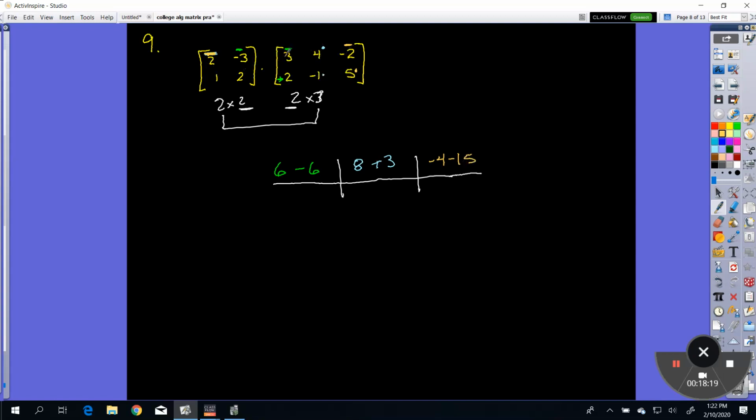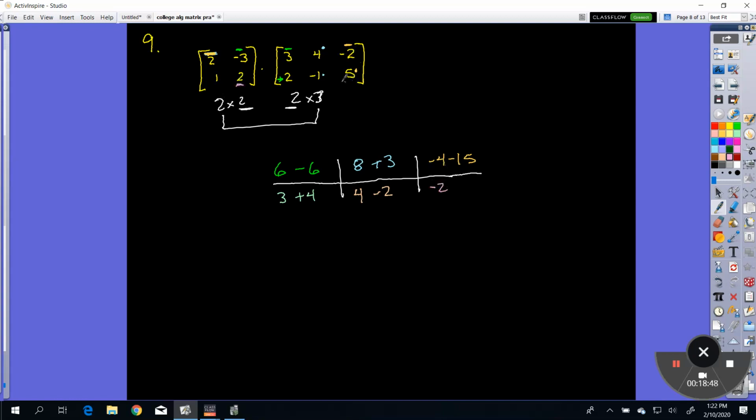So first one, first term, second one, second term, and so on. So I'm going to have 1 times 3 is 3. 2 times 2 is 4. 1 times 4 is 4. 2 times negative 1 is negative 2. 1 times negative 2 is negative 2.